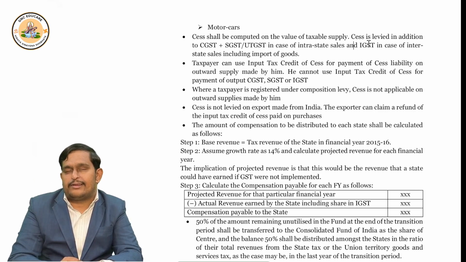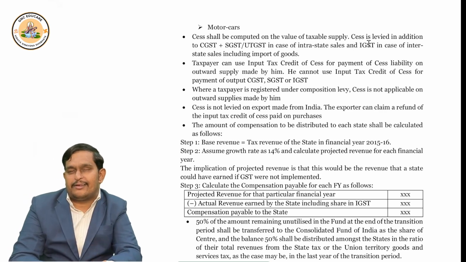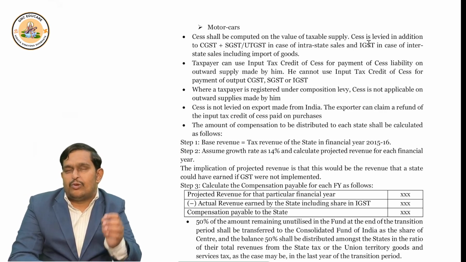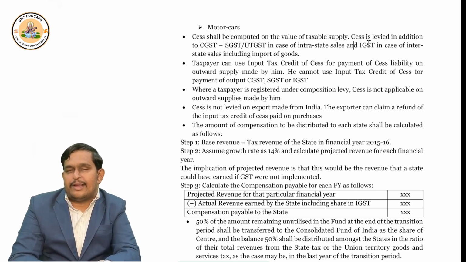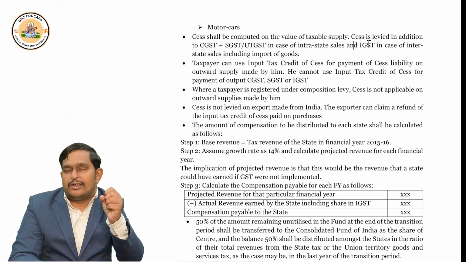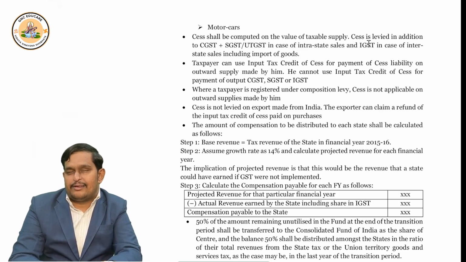Now let us try to understand. Step 1: in 2015-16, what was the revenue to the states? Step 2 is clear: 14% inflation we added, right? And that too continuously, the table should be created. Step 3: what is the revenue to the state, including the IGST component which they will get?